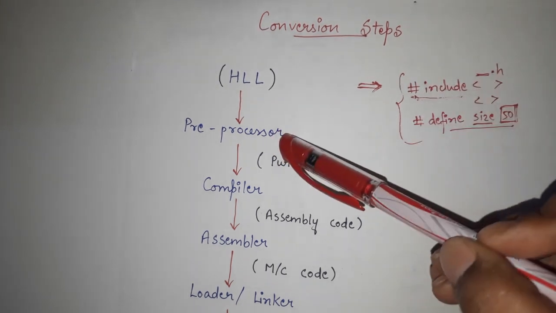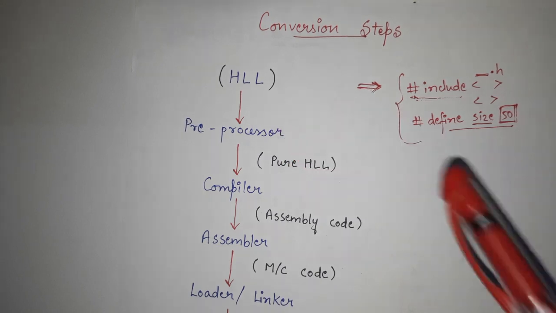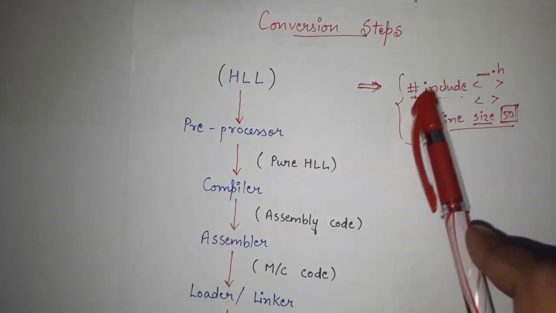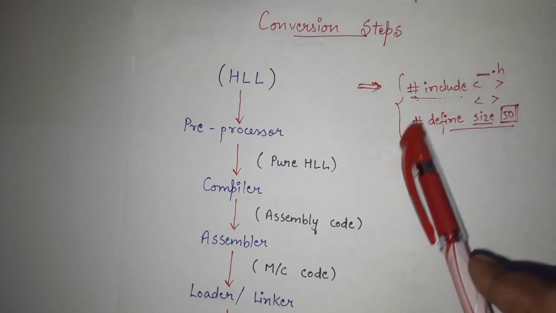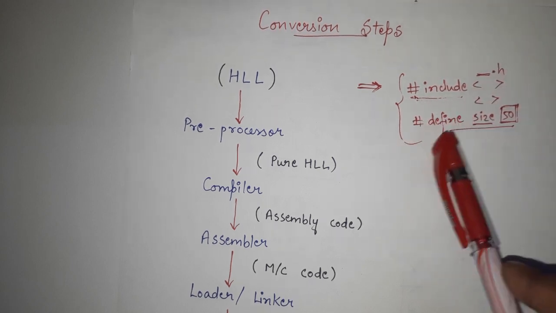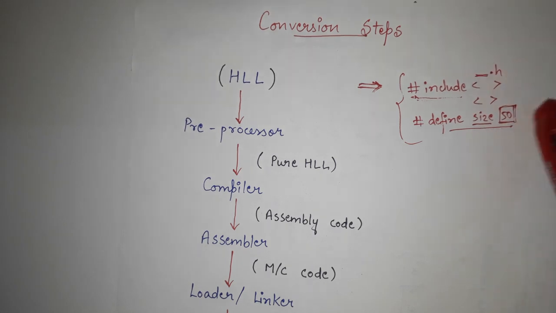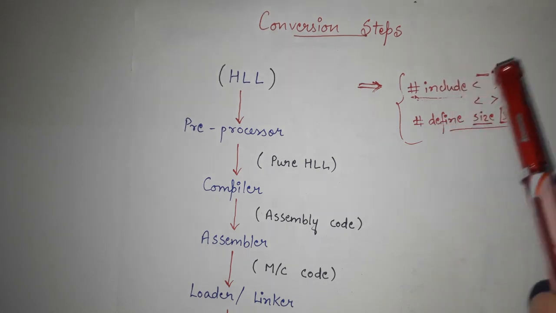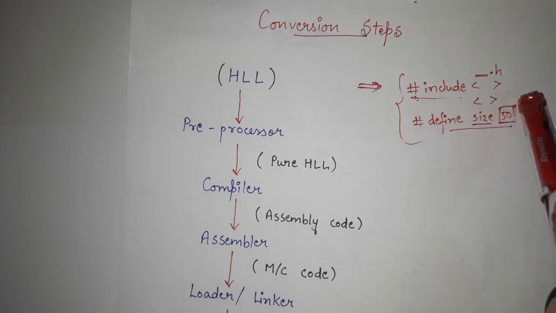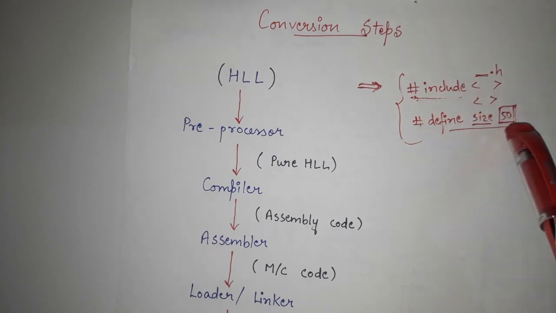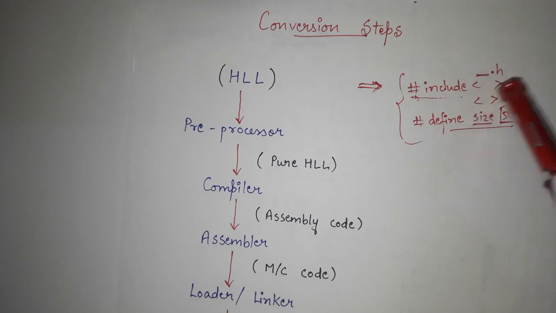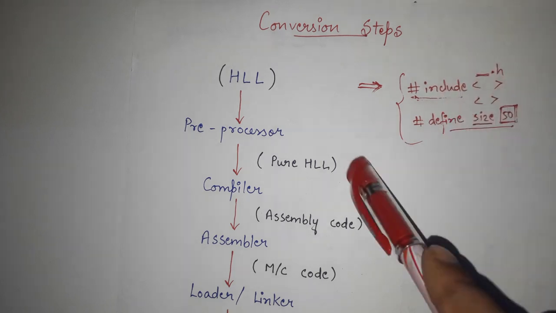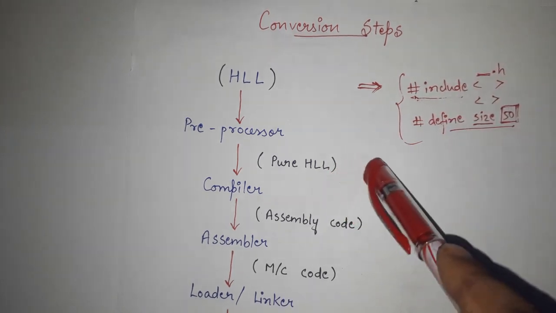However, this preprocessor comes into the picture like that: wherever we have written hash include, it will understand that it is nothing but file inclusion. Whenever we have written hash define, it will understand that it is nothing but macro expansion, and it will do the things as required. So after including these files and assigning these values, preprocessor will do these things automatically, and then after doing these things we will get something that is known as pure high level language.